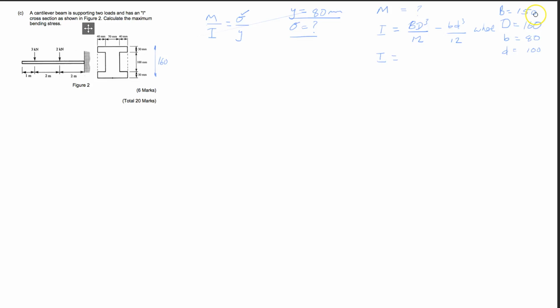So 150 millimeters is going to become 0.15. 160 is going to become 0.16. 80 is going to become 0.08, and 100 is going to become 0.1. Something to watch out for there.